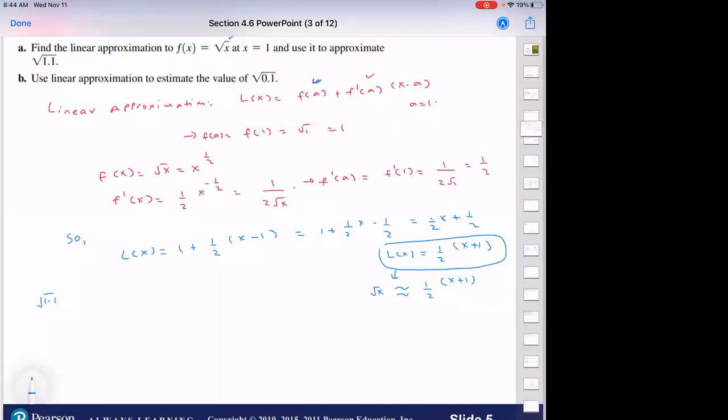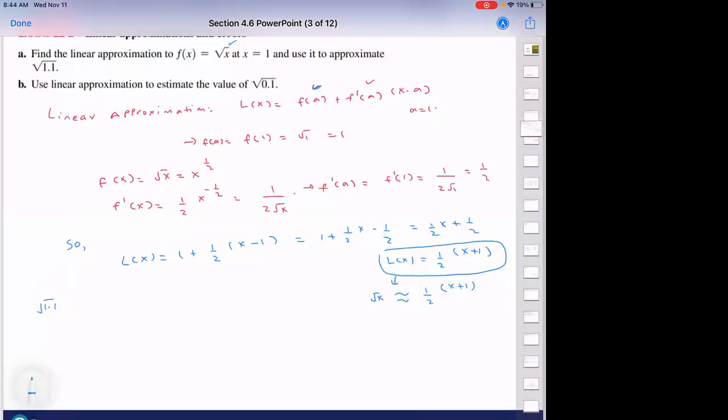Square root of x is our original function, and this 1/2 times (x plus 1) is the approximation, very close to that function at the point 1.